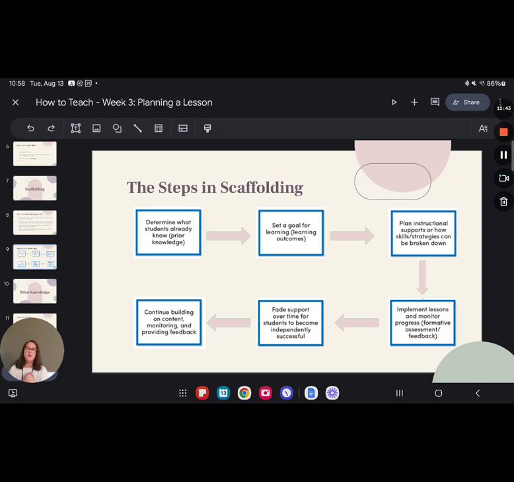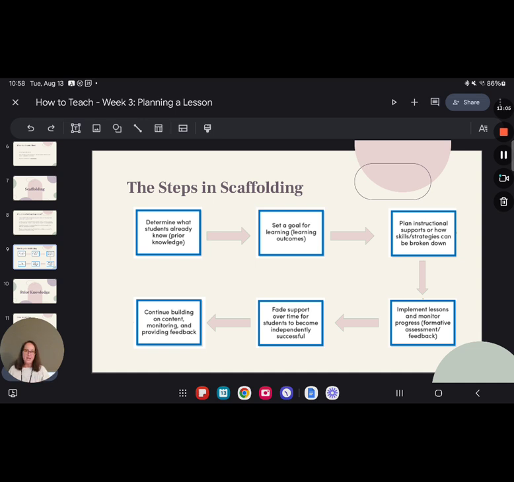So you are going to, over time, fade support. So you're going to pull back the support. You're not going to be holding their hands so much. So this is the step in guided meditation where we are lengthening the time between reminders to refocus. Okay, so instead of offering them 2 minutes, we're maybe lengthening the reminder period to 4 minutes.